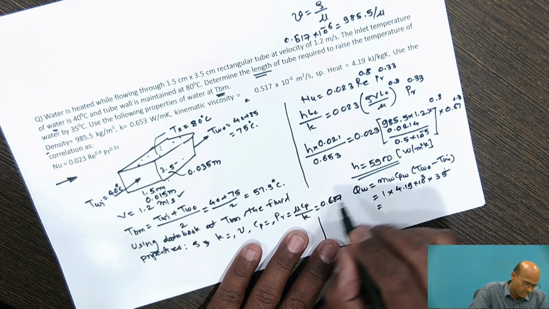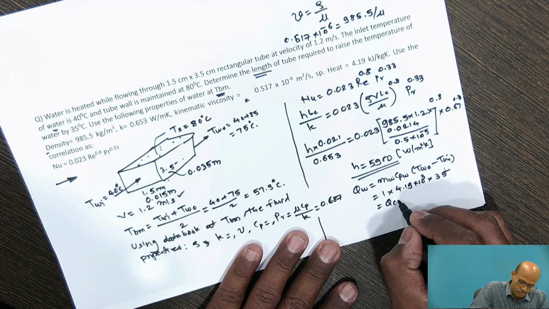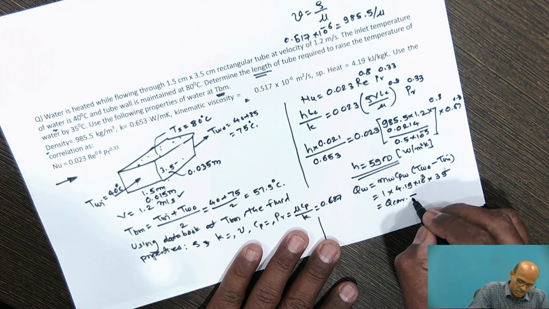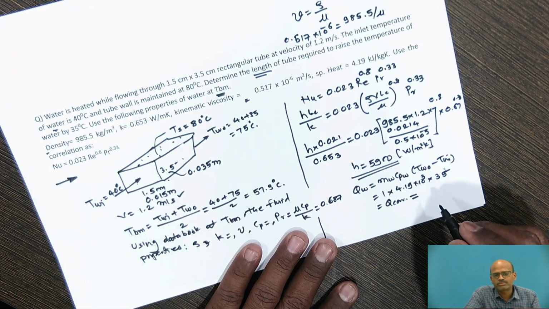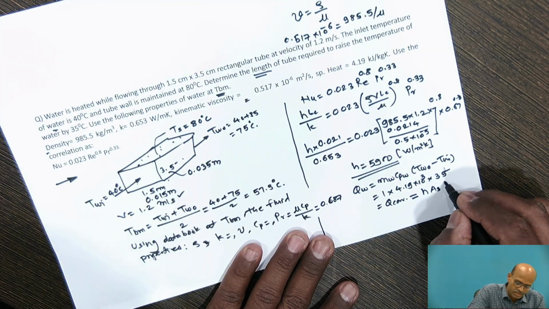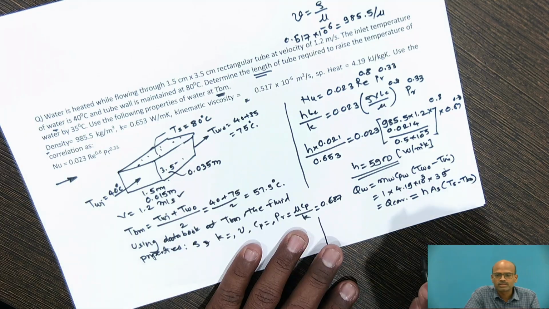Now this heat transfer is by means of convection, so which is also equal to convective heat transfer. Now what is the equation? What is the equation for convective heat transfer? It is h As. What is As? Surface area in the bracket surface temperature minus bulk mean temperature. Okay.